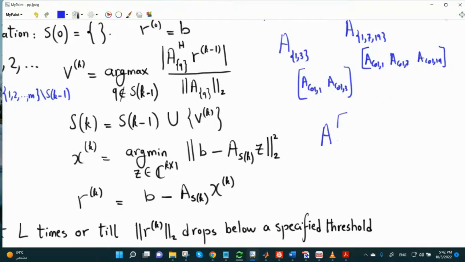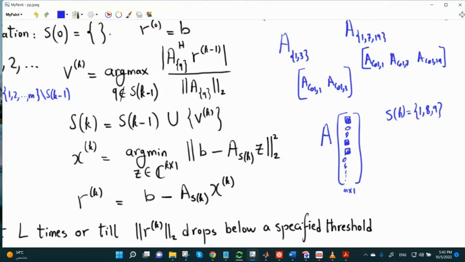Basically, this is A times a vector of length m by 1, such that the vector is all 0, but if S of k, for example, is the set 1, 8, and 9, then in position 1, position 8, and position 9 we have potentially non-zero elements, and then we have zeros.